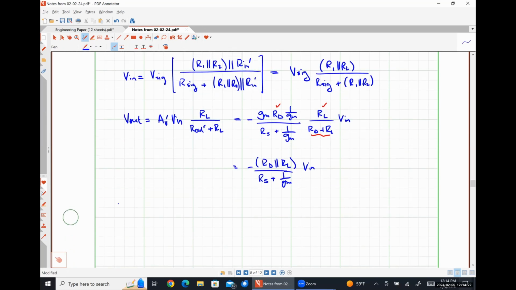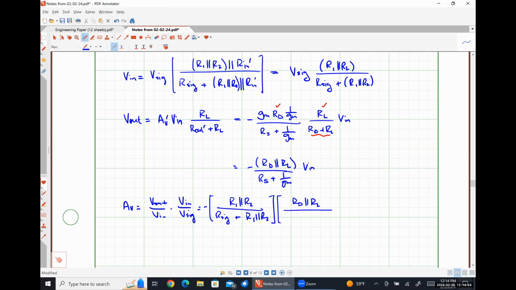So my voltage gain for the whole system is just Vout over Vin times Vin over Vsig, which becomes R1 in parallel with R2 over Rsig plus R1 in parallel with R2, negative sign out front, RD in parallel with RL over RS plus 1 over gm.